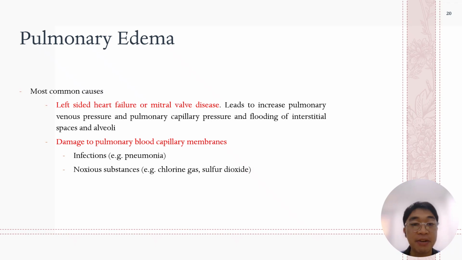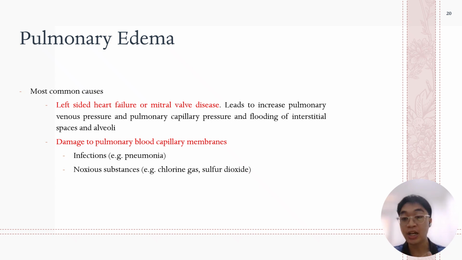The most common cause of pulmonary edema would be a left-sided heart failure or a mitral valve disease. Remember, from the diagram that I showed earlier, the oxygenated blood comes through the left side of the heart towards systemic circulation.